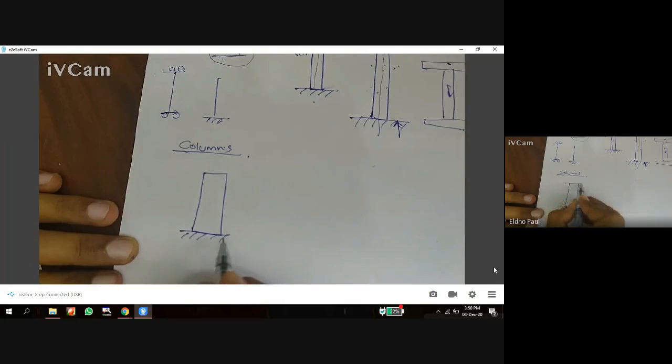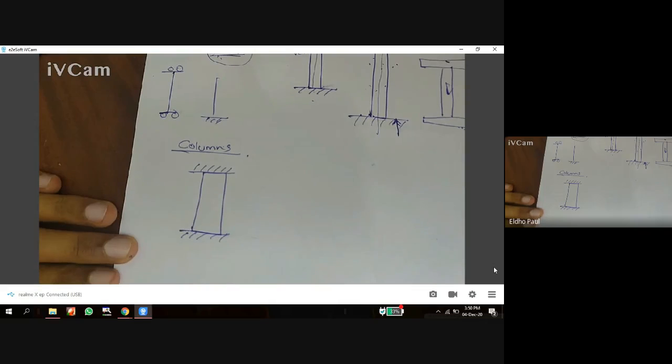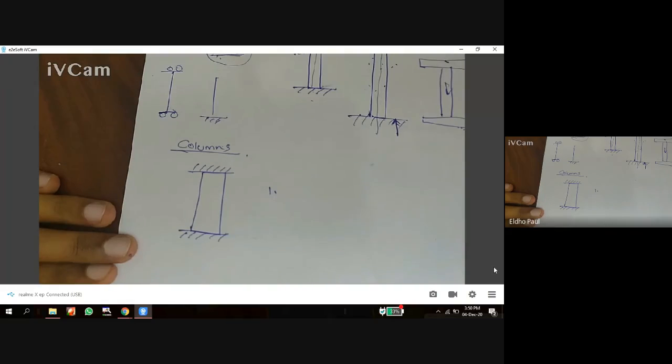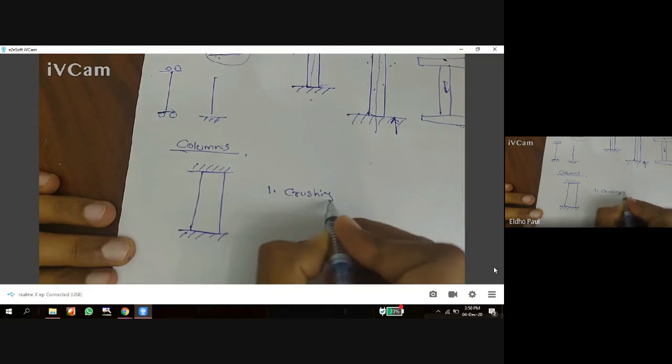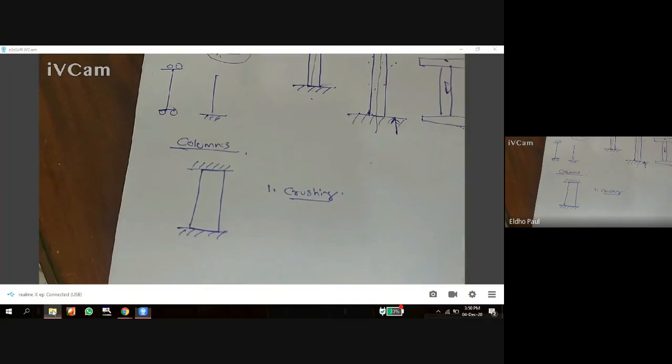Next I am going to discuss the different failure criteria or failure modes of a column. The first reason for failure is crushing failure. For example, I will show a figure of crushing failure.